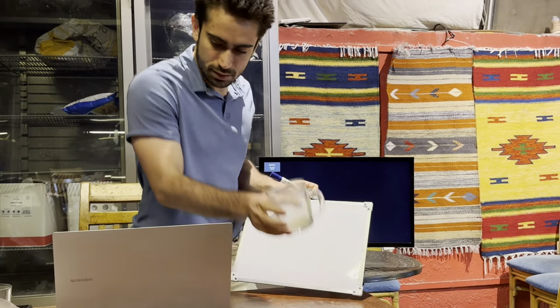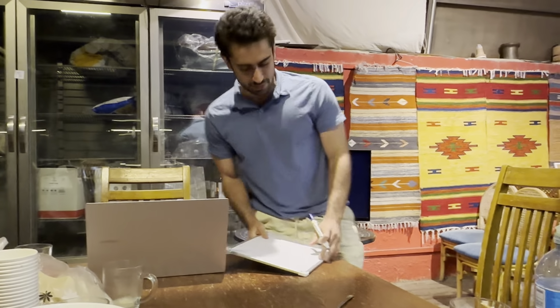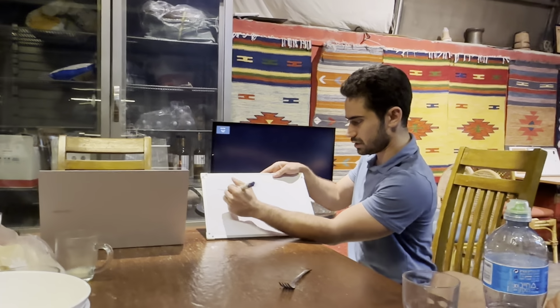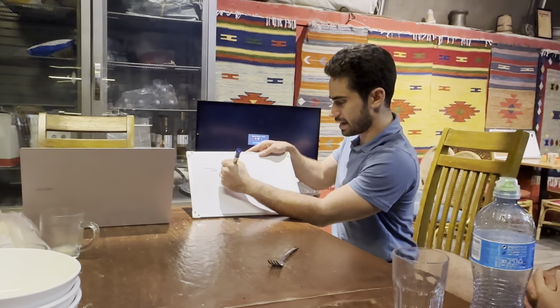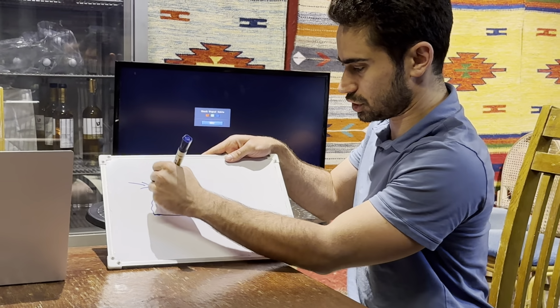So what we usually have is input, okay? And the input, let's say, has this shape.